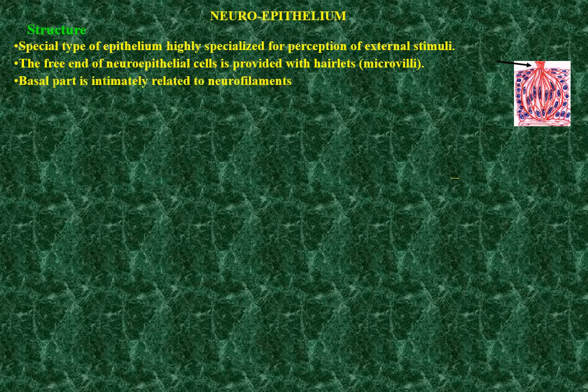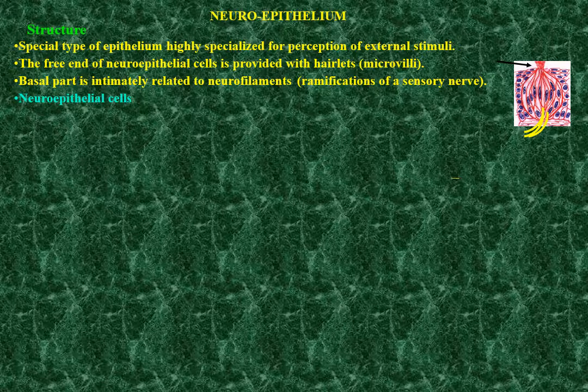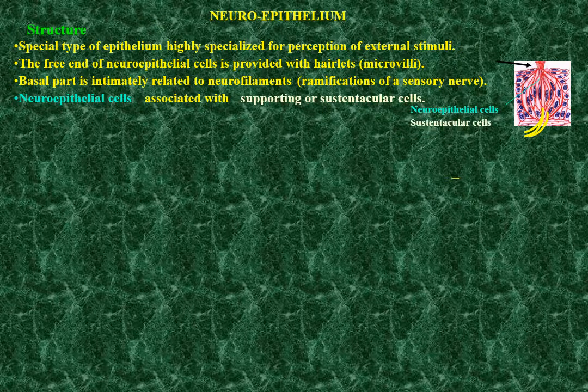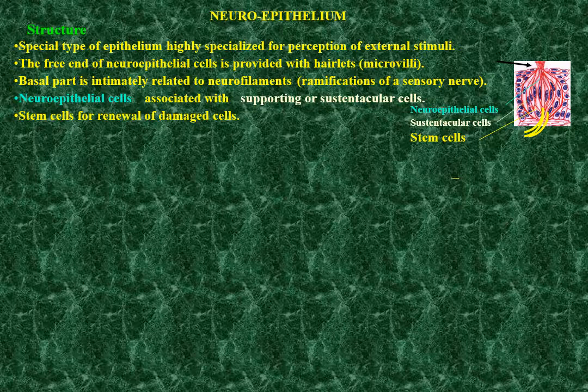The basal part is intimately related to neurofilaments, which are the fine ramifications of sensory nerve fibers. These neuroepithelial cells are associated with another type of cells called supporting or sustentacular cells. There is also a third type of cells, the stem cells, for renewal of the damaged cells.